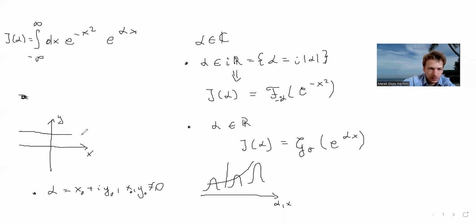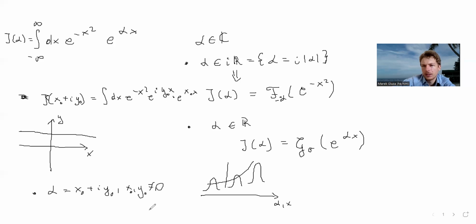And then here we have the value, so we would be having the integral of dx e to minus x squared e to i y x times e to x0 x.